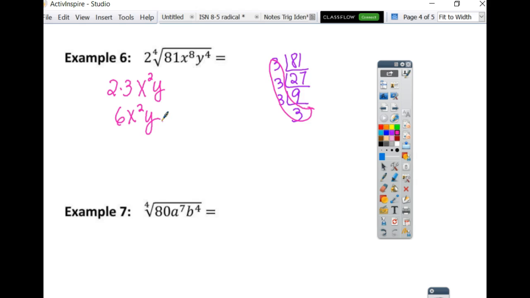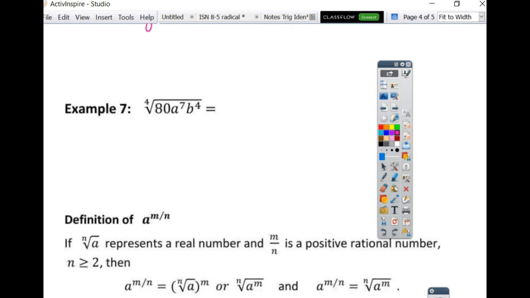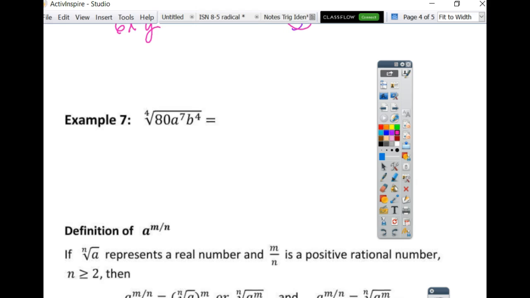All right, number 7. Okay, number 7. So if I'm going to do 80, and how many do I circle?